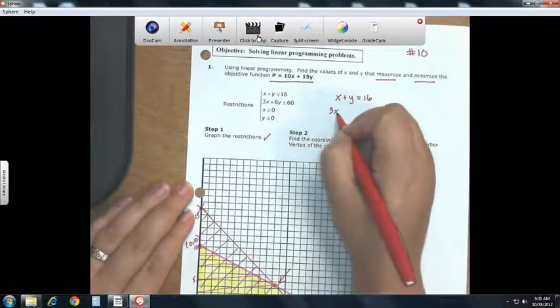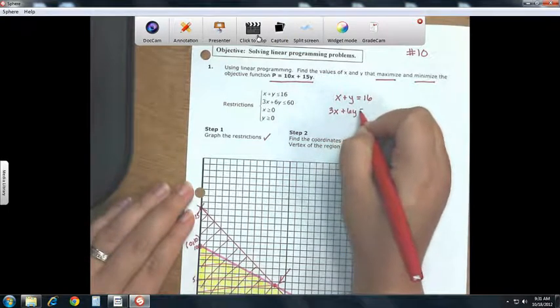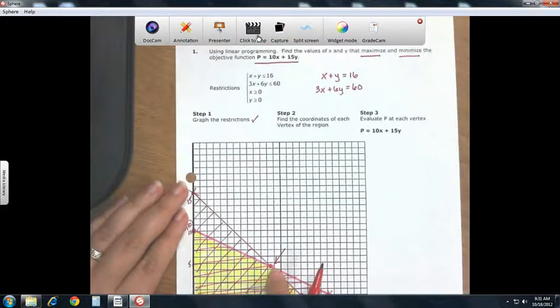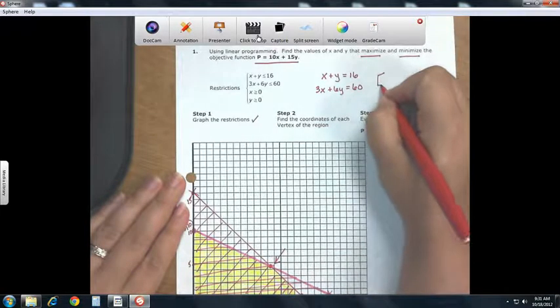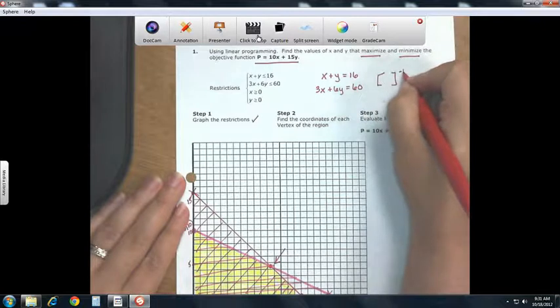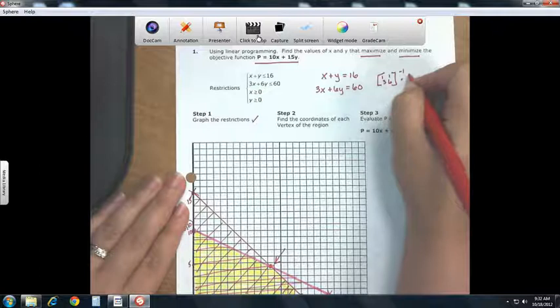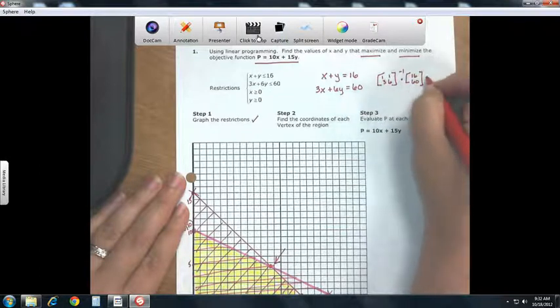Well, all we need is to do a matrix. We could have done elimination, we could have done substitution, but the matrix is the easiest way to handle this one. So at this point I would pull out my calculator and work this out, and I'm going to get 12, 4.